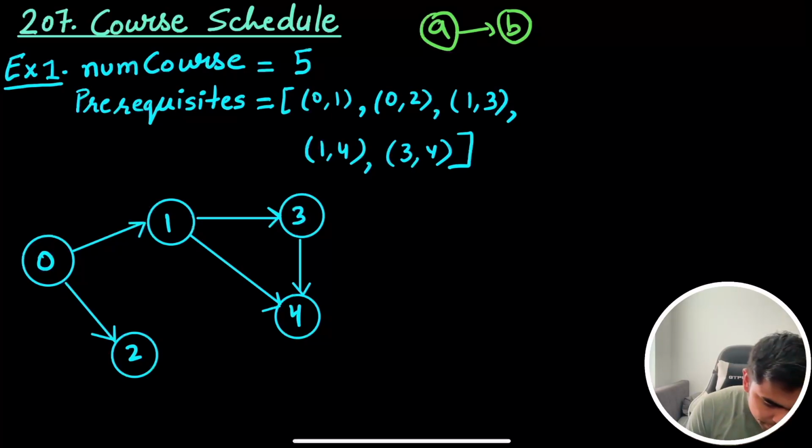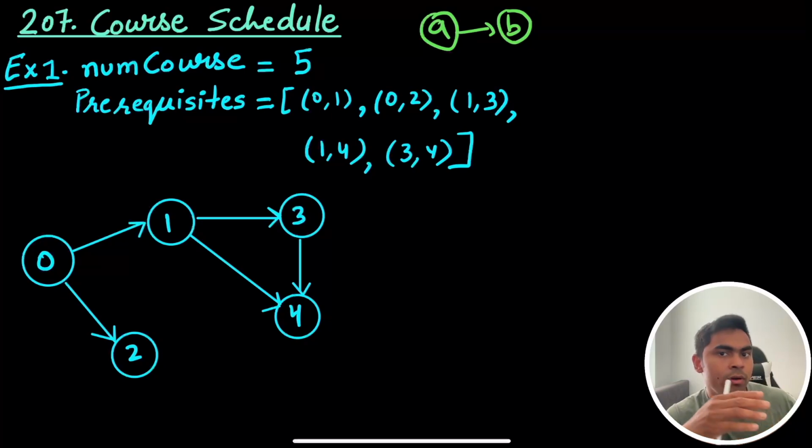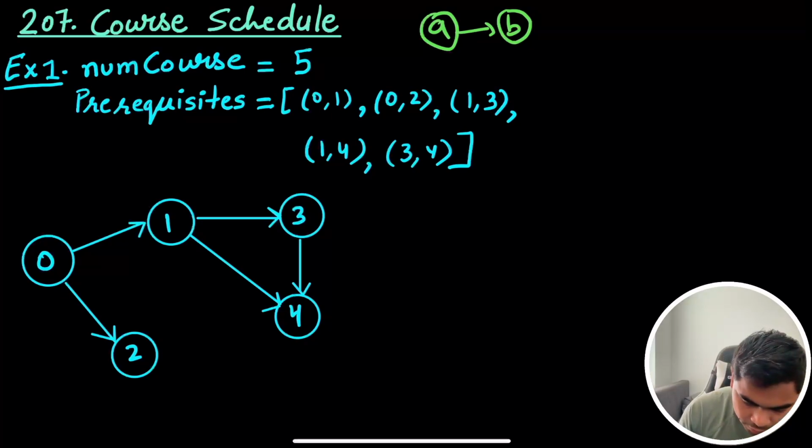So here we will use DFS, and what we are trying to do is visit all the neighbors of a node before marking that node visited. We will visit its neighbors, and all the other neighbors of that particular neighbor, and then we will mark it visited.